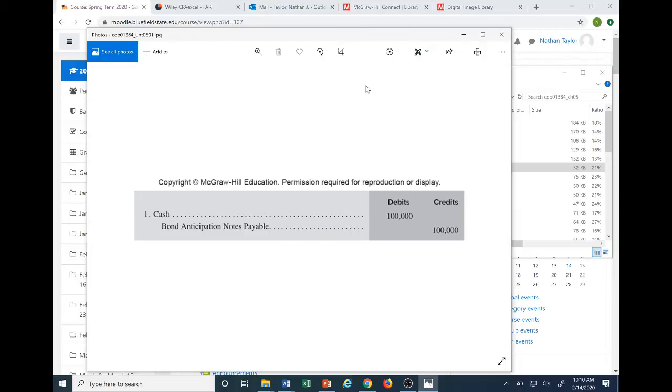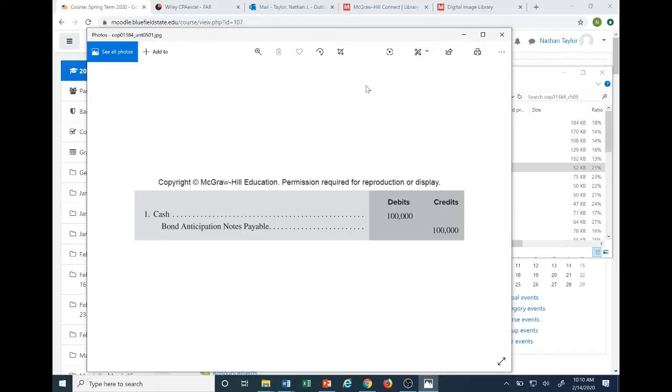The sum of $100,000 was borrowed from the National Bank for engineering and other preliminary costs incurred before bonds could be sold. The notes will be repaid in the current period and are recorded as a liability in the Capital Projects Fund. So obviously we see here, this is where they borrowed $100,000 for the Capital Projects Fund for the engineering and the other preliminary costs.